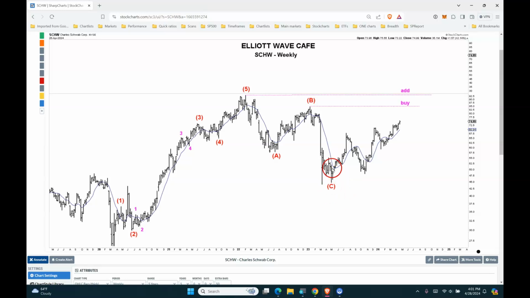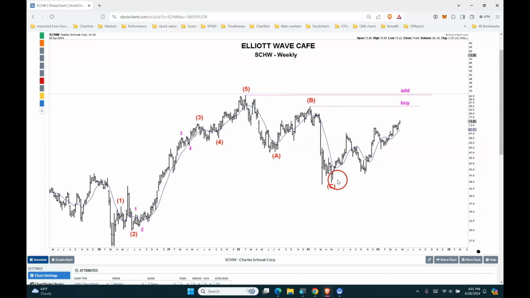So one way to do this is, from Elliott Wave, you're comfortable, and you say, man, this looks like an ABC, it's likely going to work out. So how do I get into this? Well, first of all, you've got to wait until at least the price gets back above the 10-week moving average on this weekly basis, right?